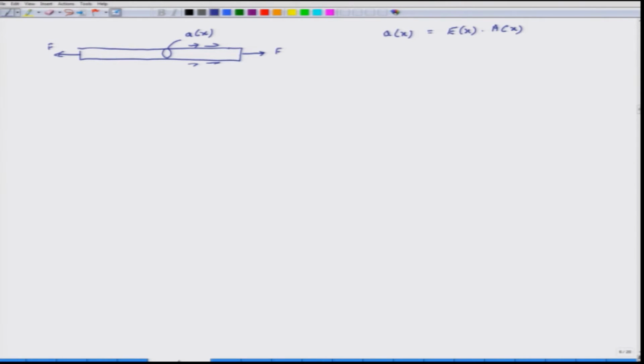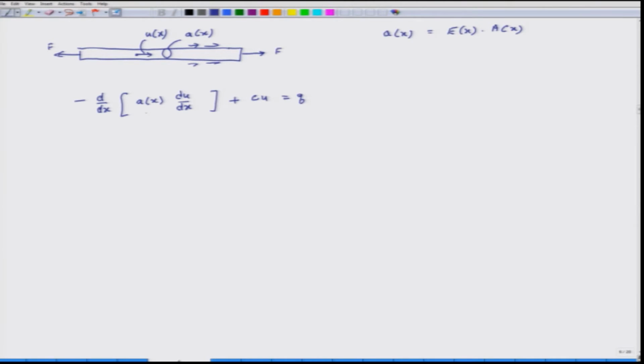So, the governing equation for this kind of a problem in general can be written as d over dx of A(x) du over dx, where the displacement at any point is u, so u is a function of x, plus Cu equals q.